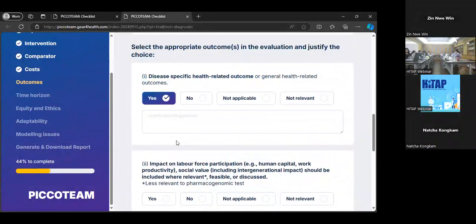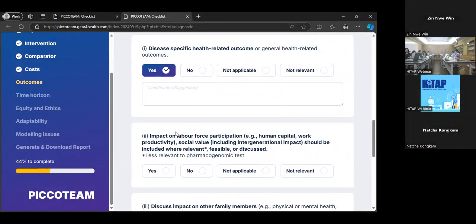Whether you have included the impact on the labor force, like work productivity or social-level value, is also something you may need to pay attention to, although this is less relevant to pharmacogenomic tests because it's a ranking of treatment effect, to select a better treatment.